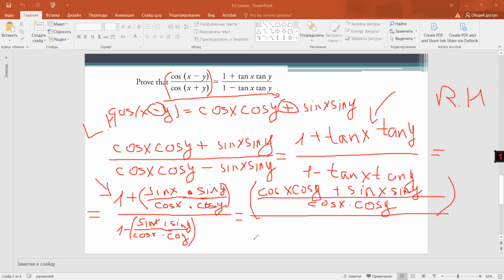All together, and our denominator would be cosine x times cosine y, 1 times this common denominator minus sine x times sine y, and again the denominator is cosine x times cosine y.